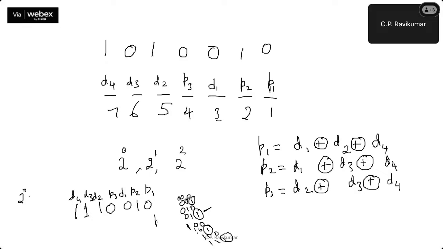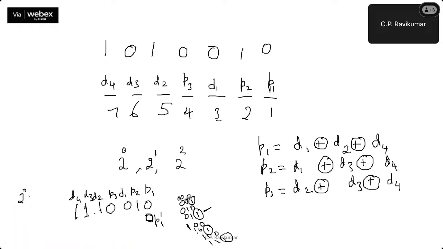Now P1 prime for the possibly erroneous data is D1, D2, D4 XOR. So D1 is 0, D2 is 1, and D4 is 1. So 1, 1, and 0. So P1 prime will be 0. So maybe I should have written this in a color.